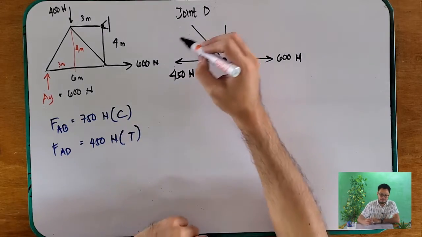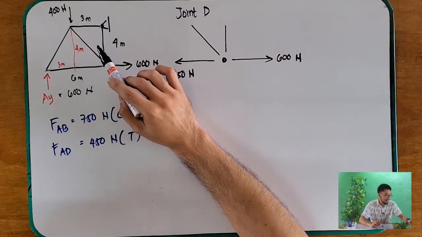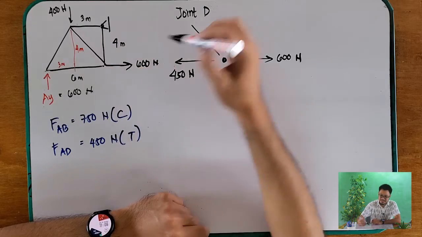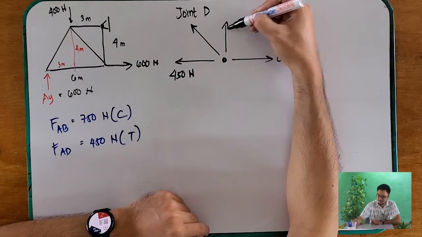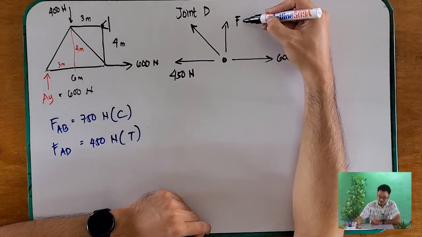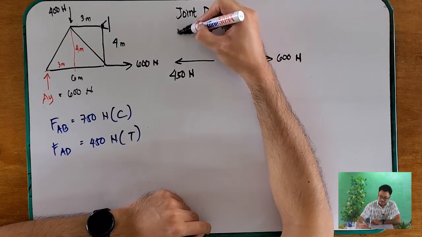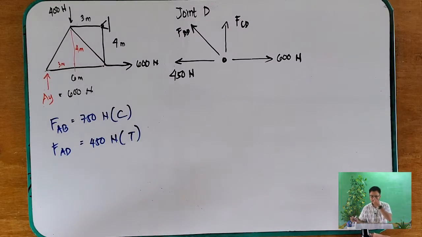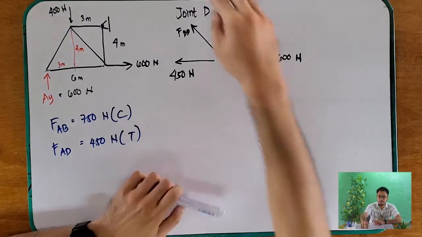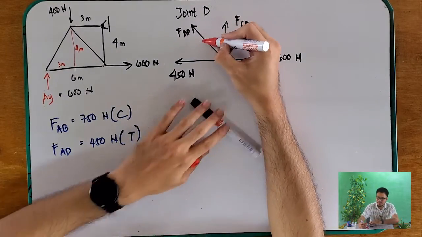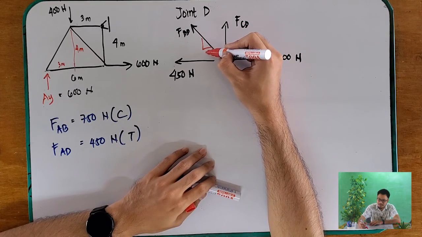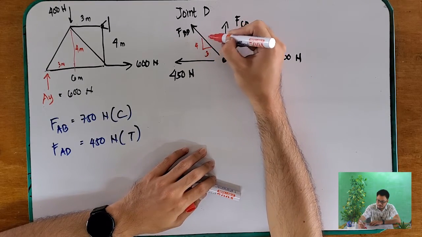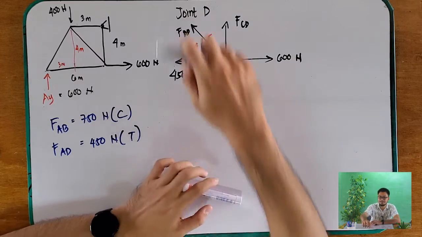And we have two unknowns, your FBD and your FCD. So let's assume this to be in tension, FCD and FBD. Okay, and again, we knew that this one also has the same slope of the other one. So this is 3, 4, and 5.